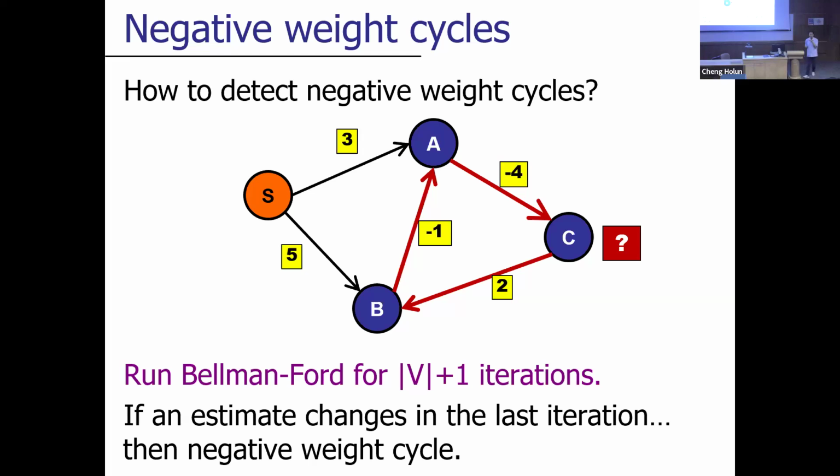So you can run Bellman-Ford for V plus 1 cycles. If you can still improve the total weight, that means your graph has a negative cycle. So one of the biggest strengths of Bellman-Ford is that you can use it to detect if the graph has a negative cycle.